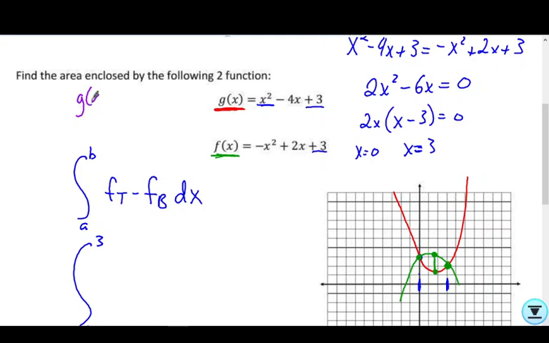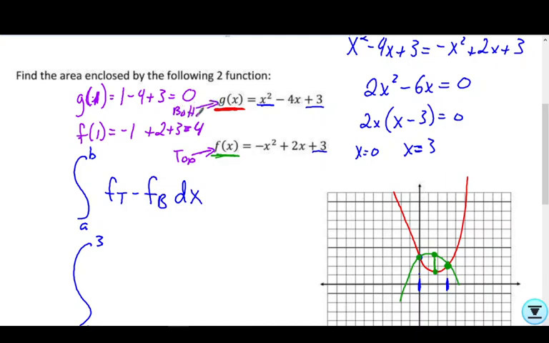If I plug in g of 1, any number between my limits 0 to 3, because those are my points of intersection, when I plug in 1, you get 1 minus 4 plus 3, which is 0. And then f at 1 gives you negative 1 plus 2 plus 3, which is 4. So which one has a higher y value? This one, which means this one is your top function, and that one is your bottom function.